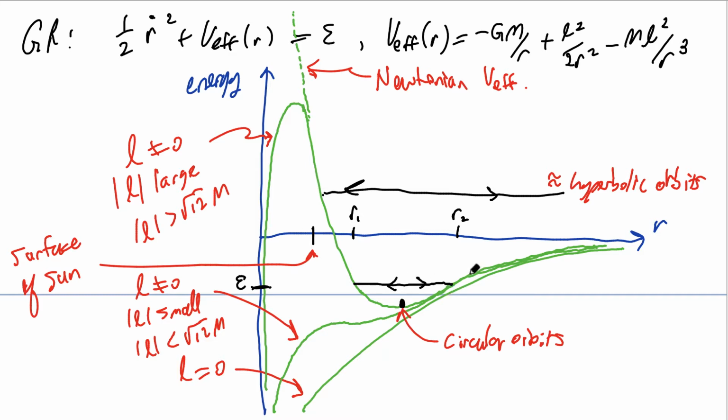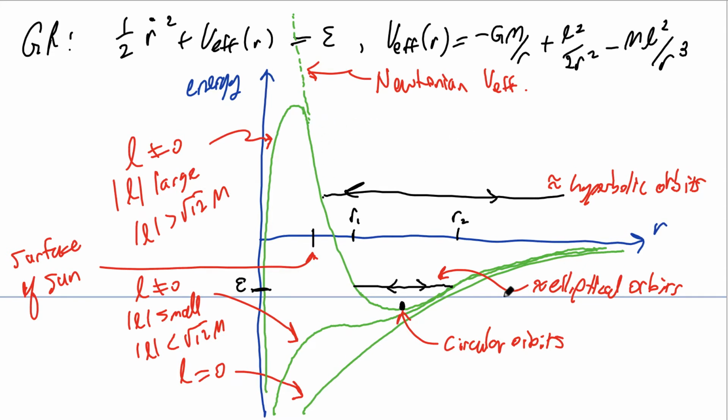These are the approximately elliptical orbits. And of course, we could have a particle coming in with even larger energy up here, but before the particle could begin to experience this turnover in the potential, it's going to run into the surface of the sun.